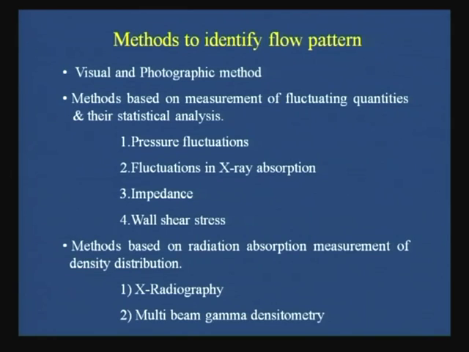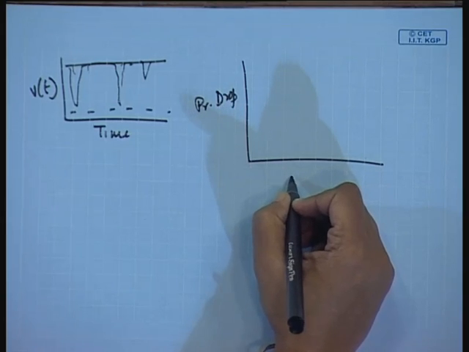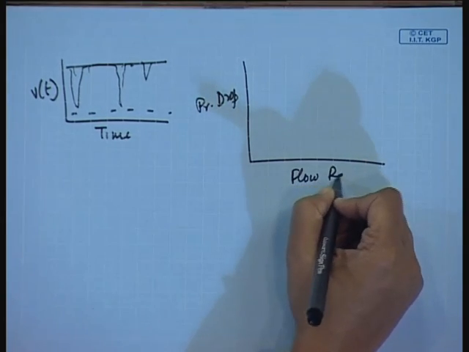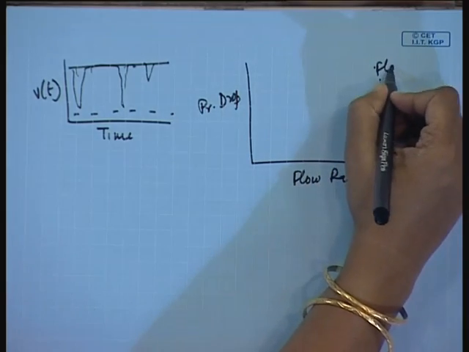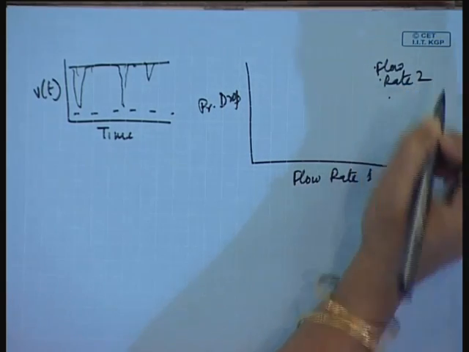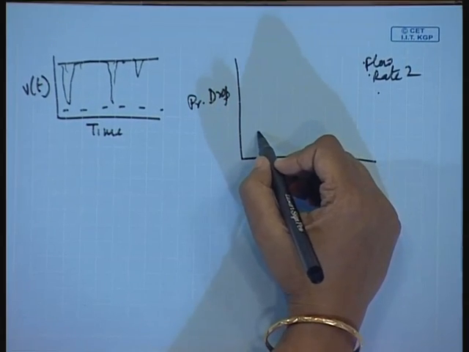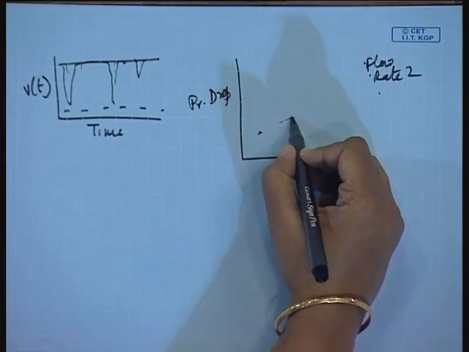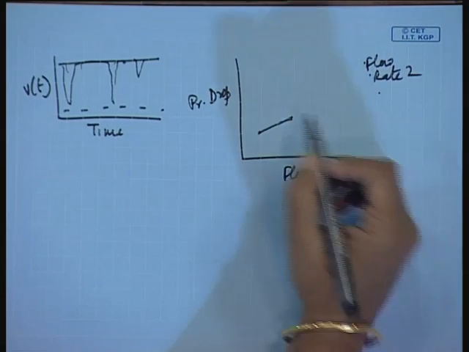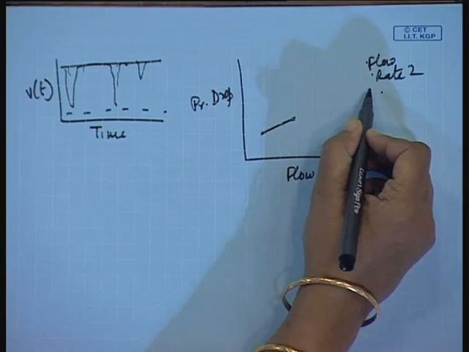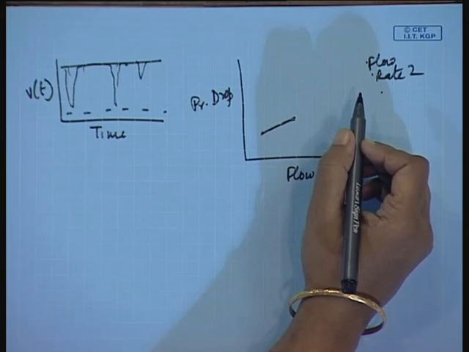After that, suppose we plot the pressure drop or the pressure gradient, whatever it is, as a function of the flow rate of phase 1, keeping the flow rate of phase 2 constant. I will show you graphs which we have generated in our own laboratories regarding this. Then we will find that definitely as flow rate increases, there will be an increase in the pressure gradient or the pressure drop, but the curve will not be continuous throughout. It will have different slopes in different flow patterns.